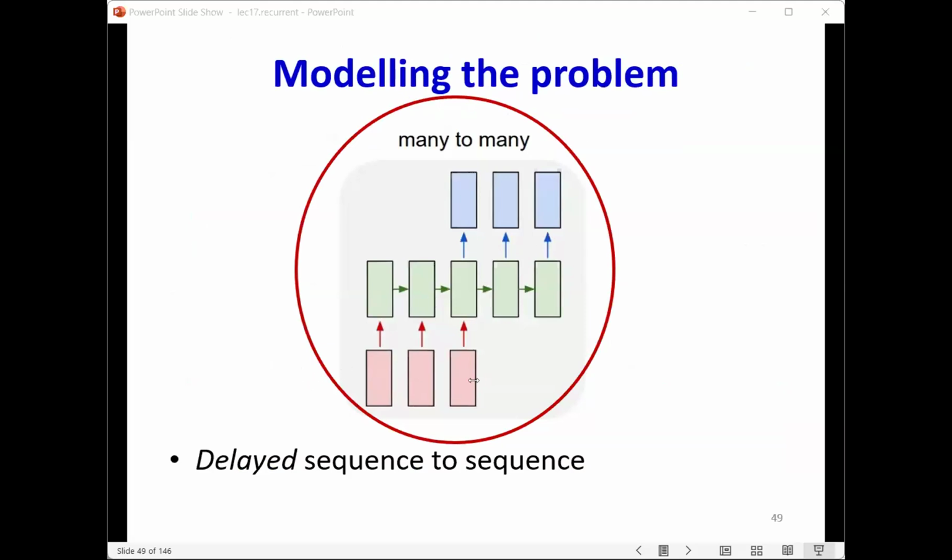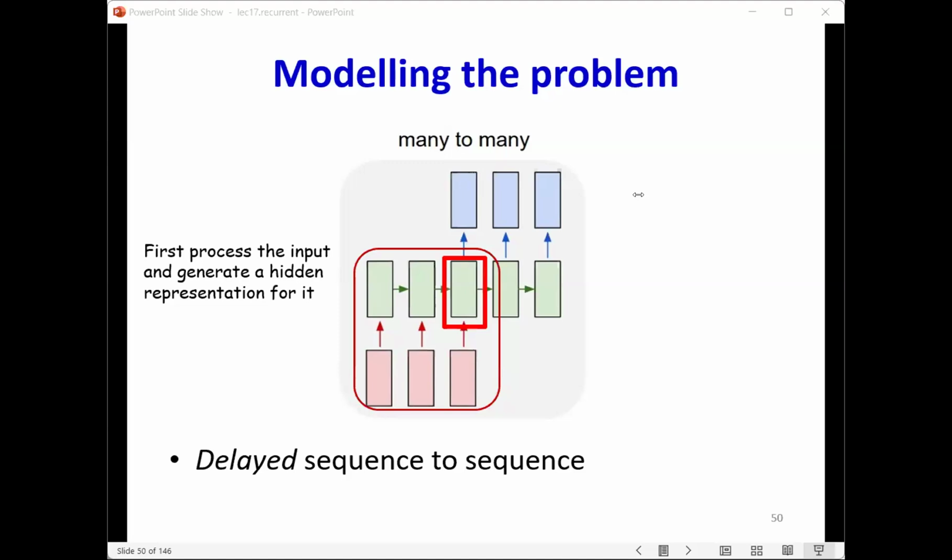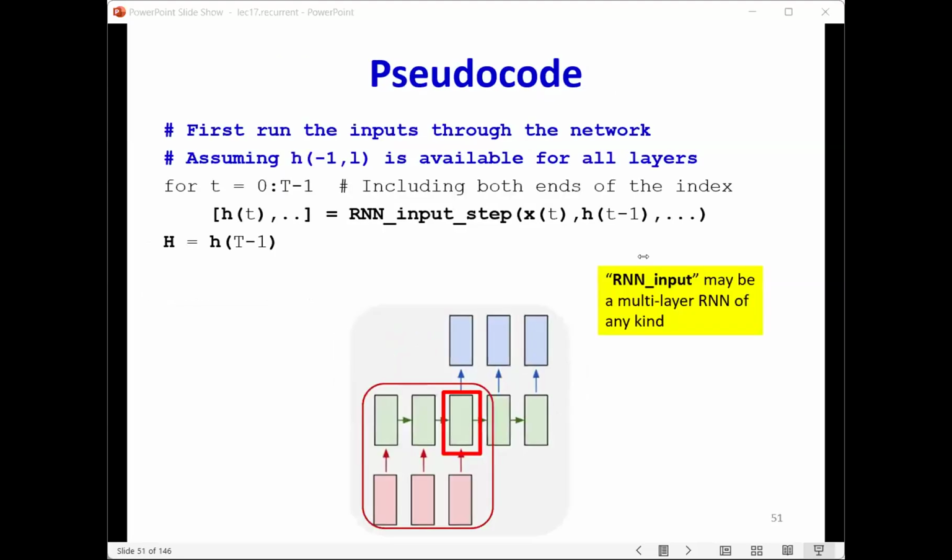This model takes the entire input, and once the entire input has been processed, there's a hidden state computed, and this can be used to generate the entire output. So this model has two parts. The first part processes the input to generate a hidden representation from it. And then the second, so here's the pseudocode for it, right?